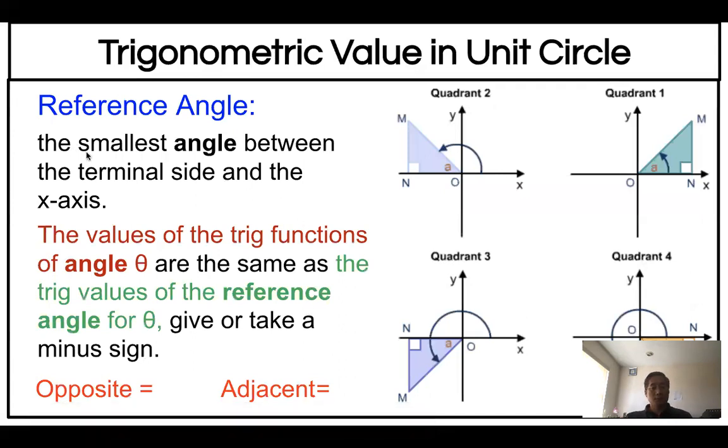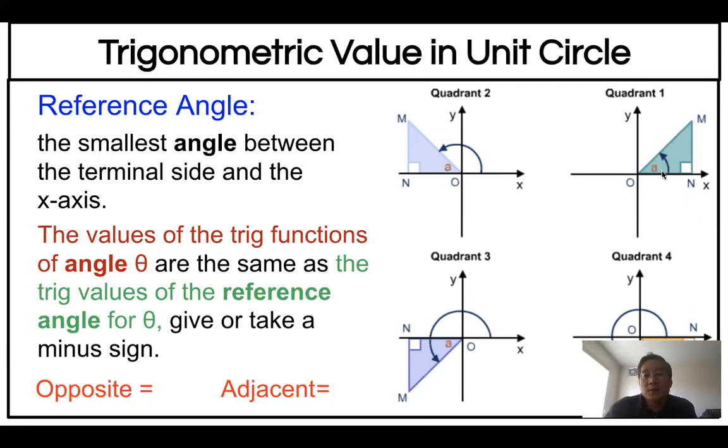So do you remember reference angle, right? One more time. When your point is in quadrant 1, your angle is here. You don't need to do anything. Angle and reference angle are the same.